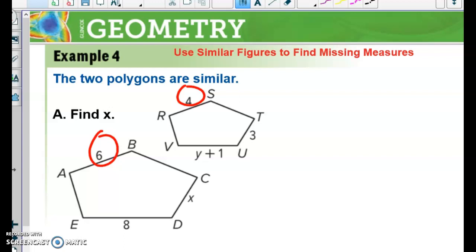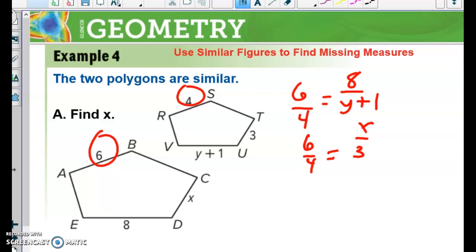And when I set up my proportions, the top one is further to the left, the bottom one is the one further to the right. That's going to be true as 8 is to y plus 1. You can solve that. To find the x, we're going to say 6 is to 4 as x is to 3, and you can solve that also. And those are how you set it up.